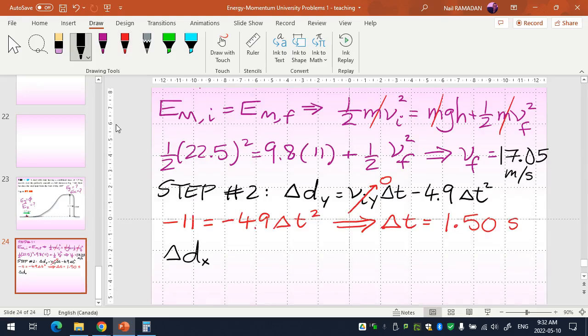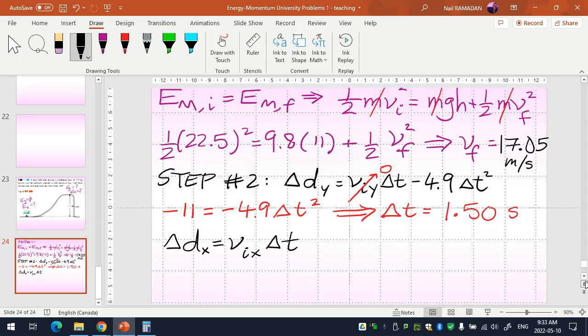What's the equation for delta dx? Only Vix delta t, because there's no acceleration on the horizontal. Gravity only pulls down. So delta dx equals Vix delta t. Do you remember what Vix is? It's Vi cosine of theta. But what's theta for a horizontal jump? 0 degrees, which means cosine of 0 is 1.